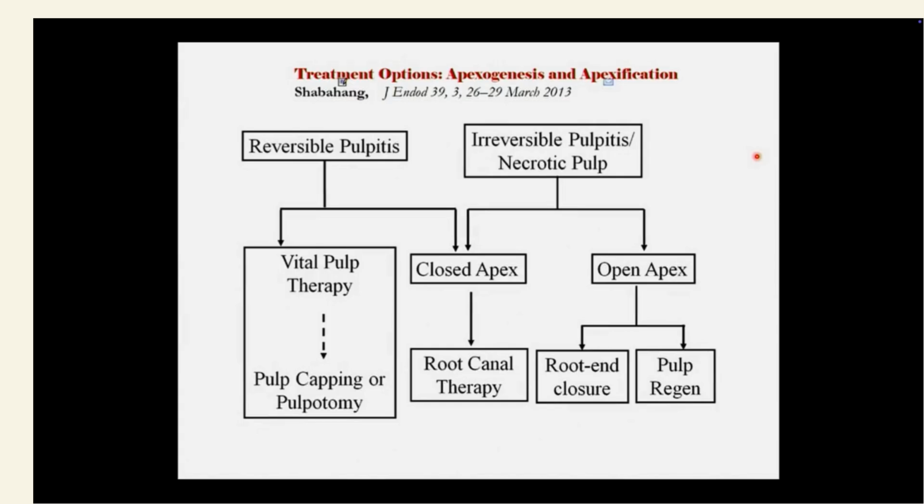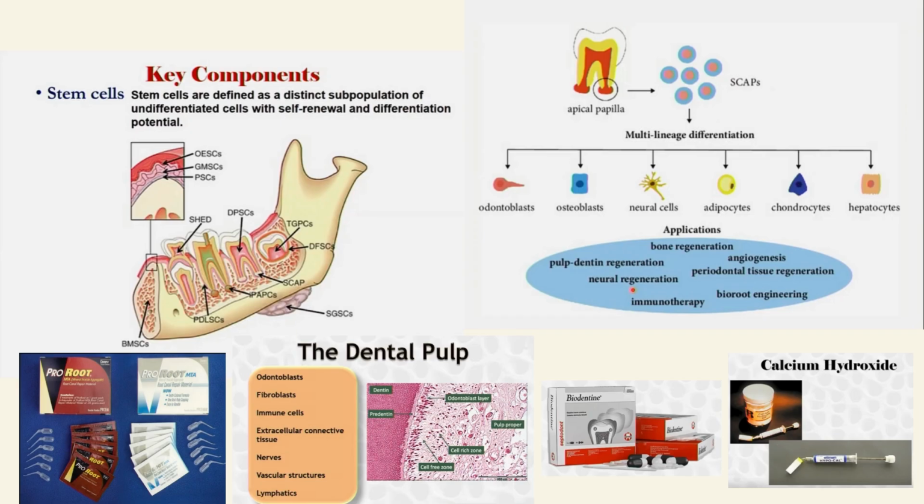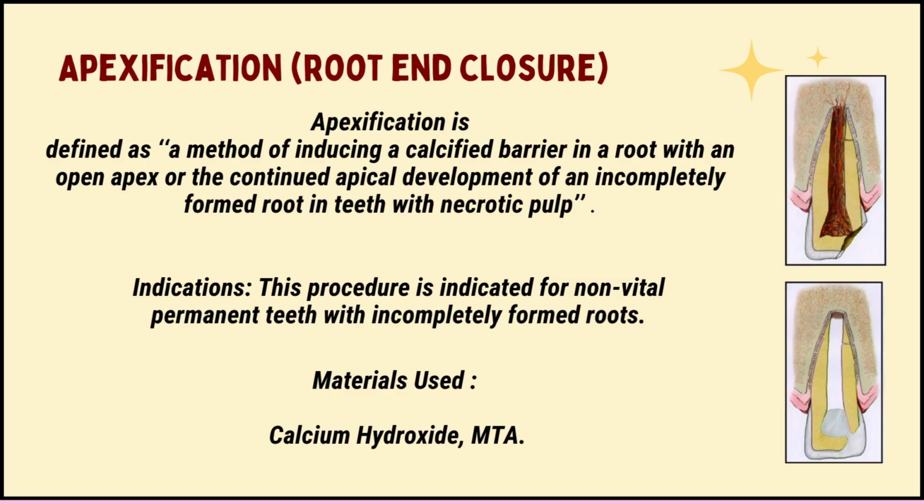The outcome of these three processes, apexogenesis, apexification, or revascularization, is the result of interaction between the dental materials like calcium hydroxide, MTA, or Biodentine like materials with the differentiated or undifferentiated cells of the pulpodental complex. Apexification, that is root end closure.